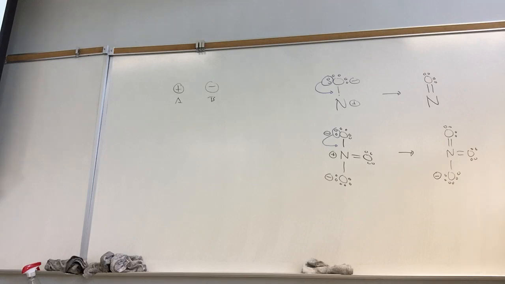The octet rule. The problem is with nitrogen: nitrogen's got two s and two p orbitals. How many electrons does nitrogen have here? It's got 1, 2, 3, 4, 5 electrons, right? We're doing hybridization now, so let's use some hybridization.